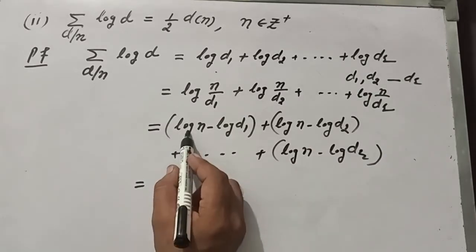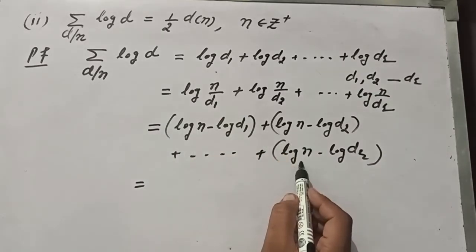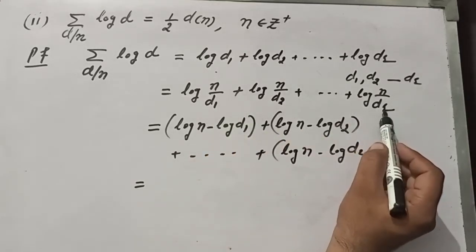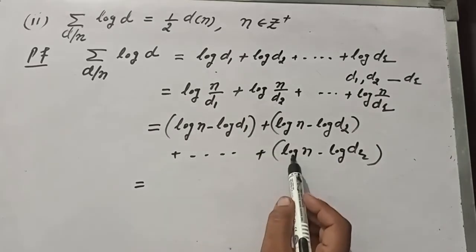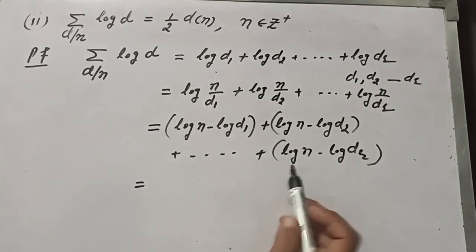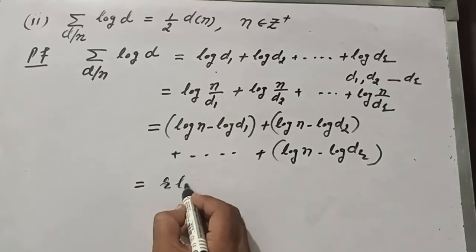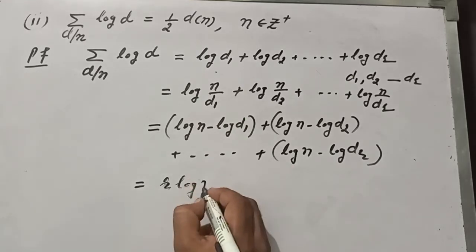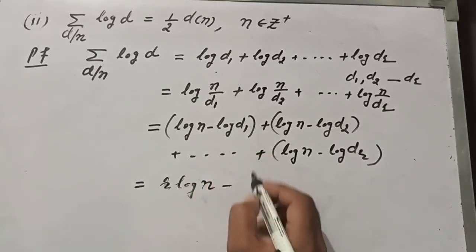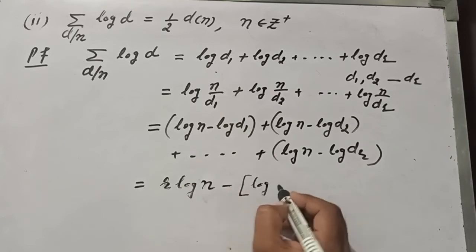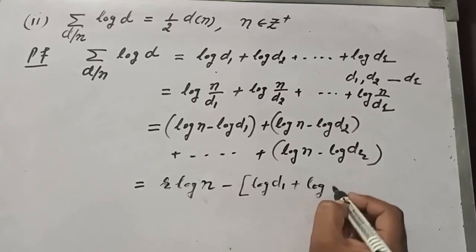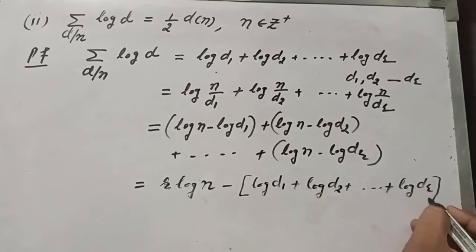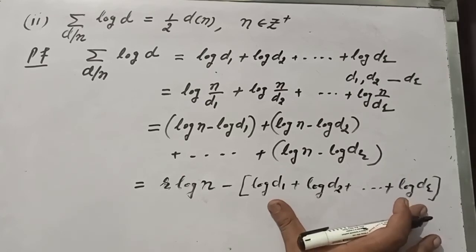Add logarithm of n, logarithm of n, how many times? The number of divisors times. These are r divisors, therefore logarithm n, logarithm n, how many times? r times. So this is r times the logarithm of n. Now take minus common. What we have is logarithm of d1 plus logarithm of d2 plus up to logarithm of dr. So what is this? This is your left hand side.